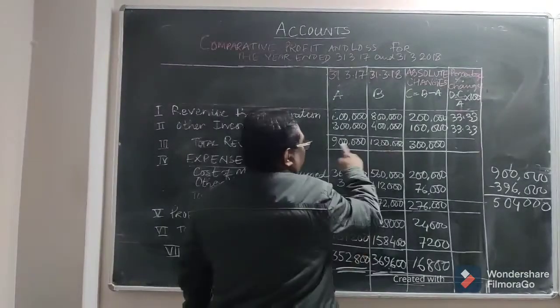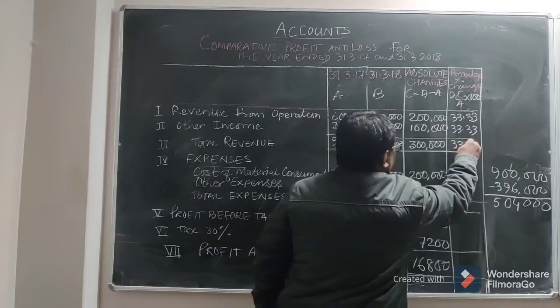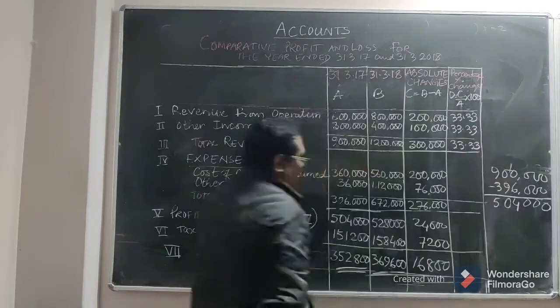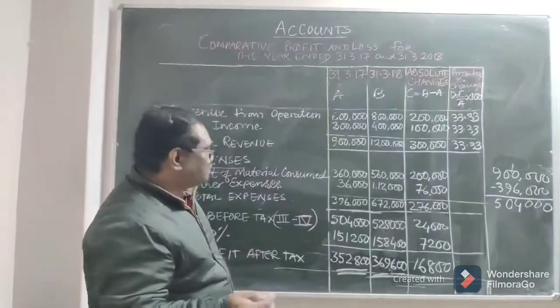Here also 3 by 9 is 1/3, which is 33.33 percent. 1/3 is always equal to 33.33 in percentage.